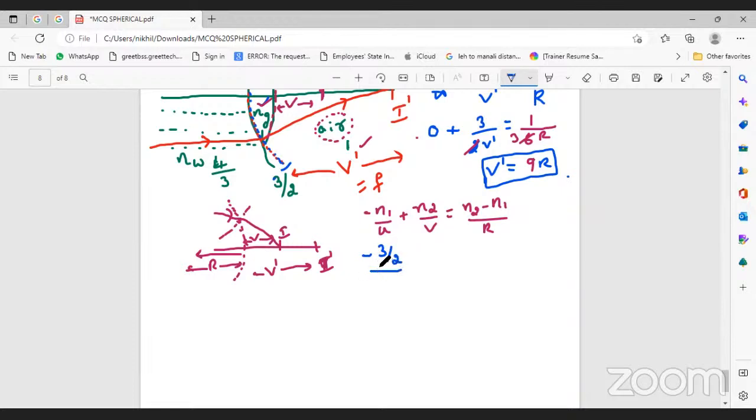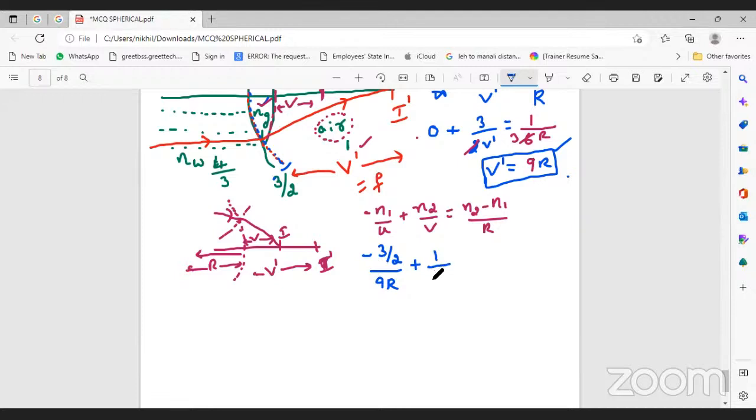And the object for the second spherical surface is this 9r, right? So minus 3/2 by 9r plus N2 by v. What is N2? That is the refractive index of the image medium, that is air, so it is 1.